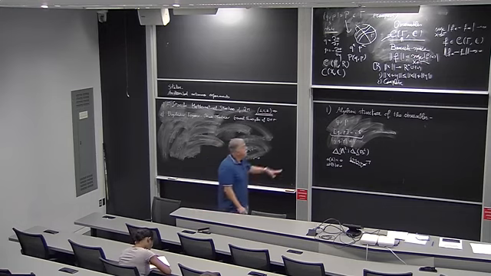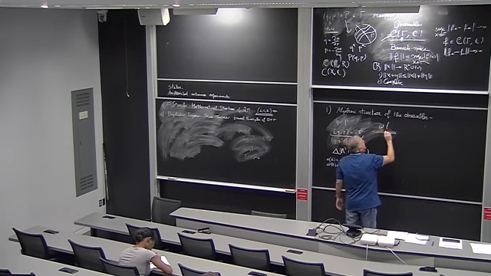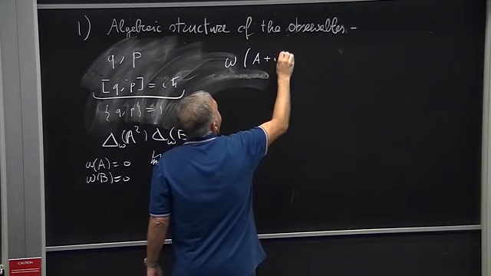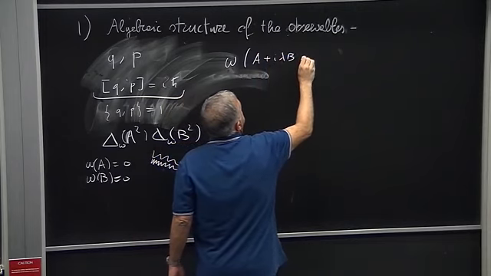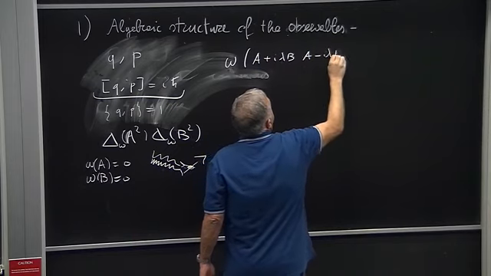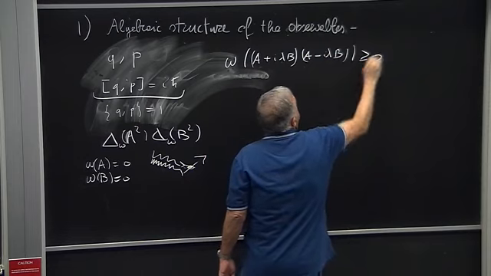If you think that a state has to be positive, then when you examine this state, this is A star A, and this has to be positive.